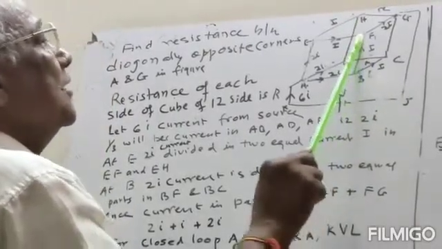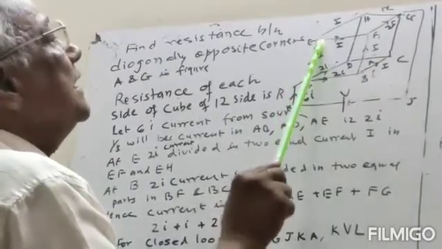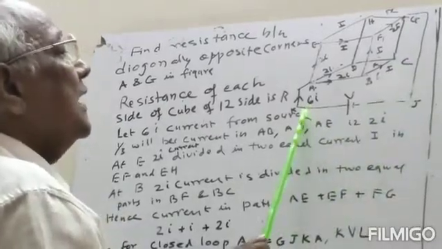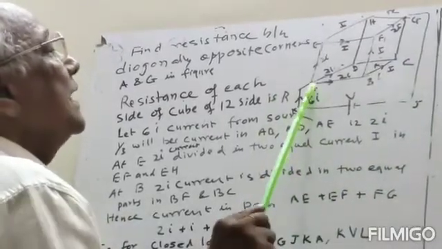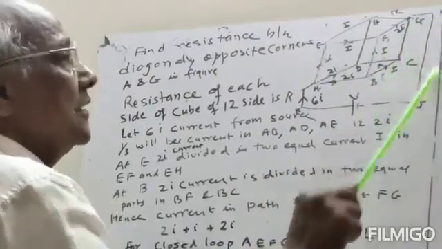BF will be I. So if we take this circuit A, E, F, G and A, then here current is 2I, here current is I, here current is I, and this is complete.